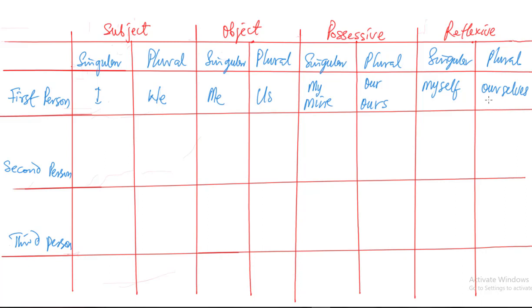Second person, singular, subject, you, plural, subject, you, object singular, still you, object plural, same you, possessive singular, your book, it's yours.